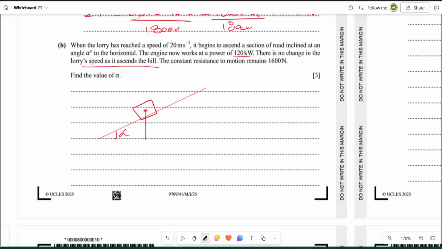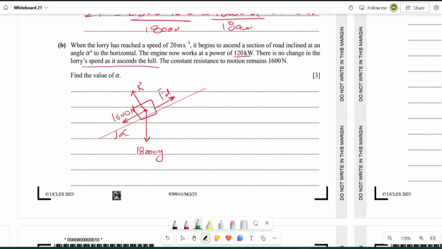So over here, weight is going to be 18,000 G. I'm going to have the reaction force. I'm going to have the force of the engine, let's call it FD. And I'm going to have 1,600 newtons resistance to my motion.